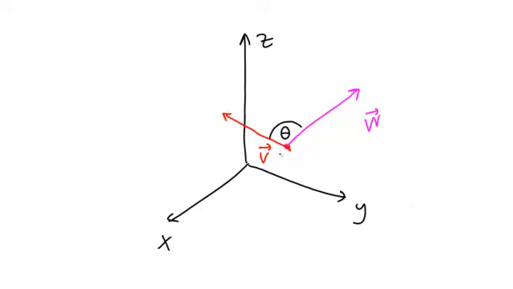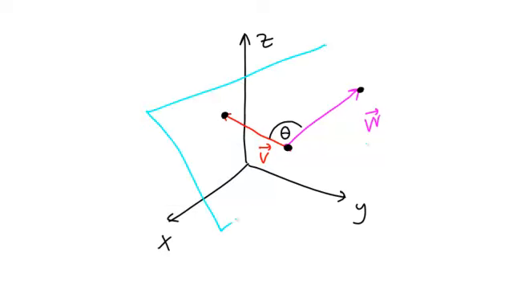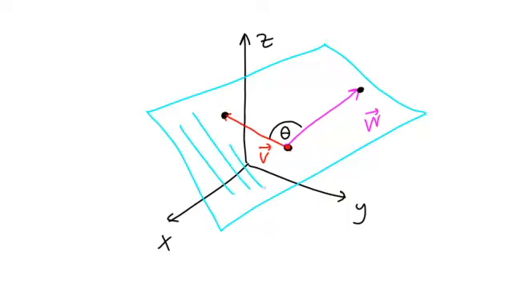Well, notice that we're talking about 3 points right now. There's their common tail, there's the tip of w, and there's the tip of v. And if you're given 3 points in space, 3 points define a plane. There's a special plane that's running through these 3 points right here, and only these 3 points. So imagine we were to take this plane, however it's floating around in three-dimensional space, and look at it directly from above.